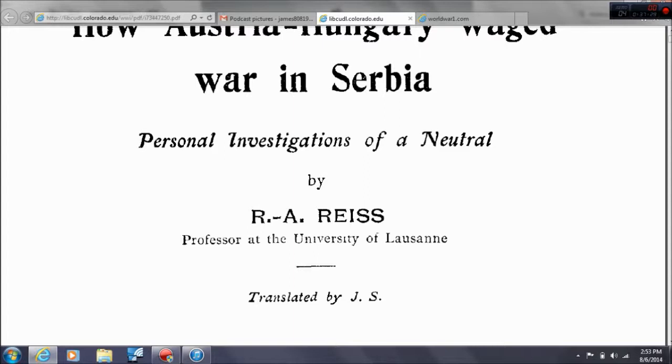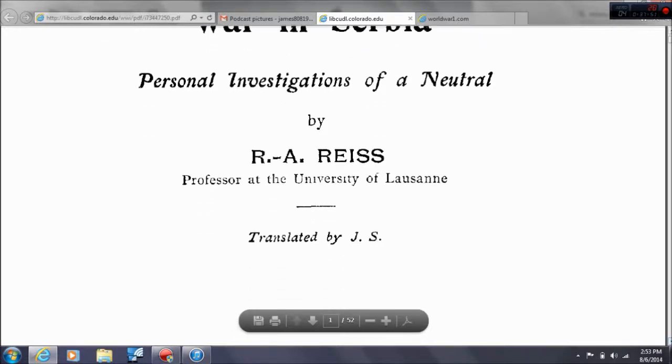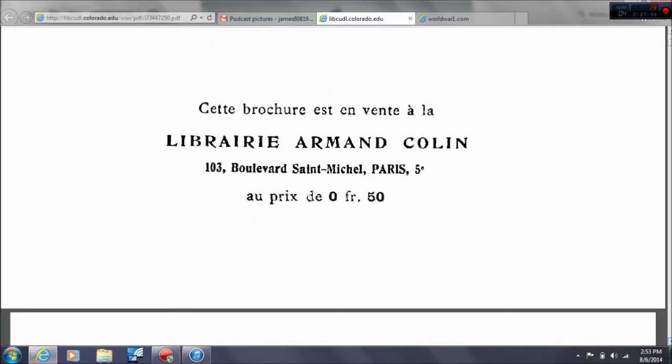R.A. Reiss was a criminologist who was invited by the Serbian government to visit Serbia. He states that he was invited to, quote, "see with my own eyes and form a judgment upon the conduct of the Austro-Hungarian troops in that unhappy country." I'll take you down to that section.